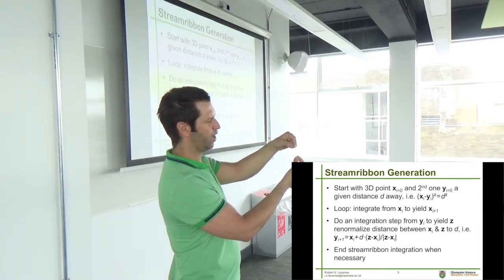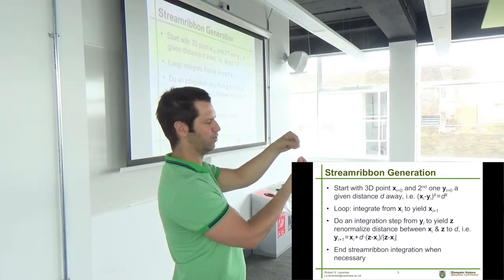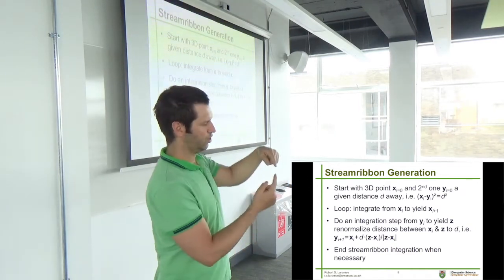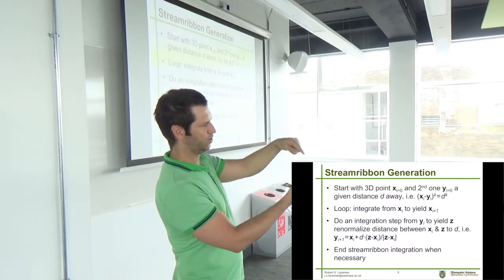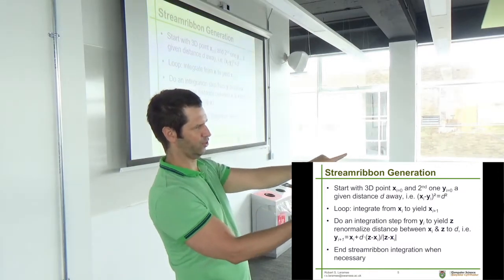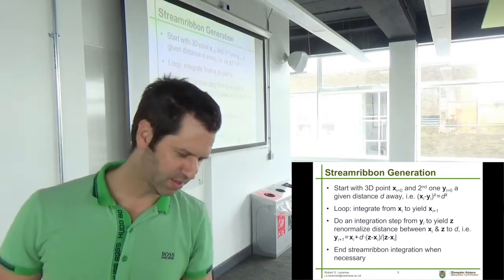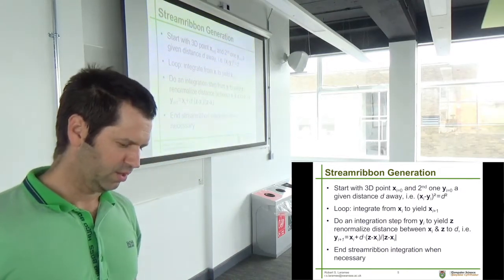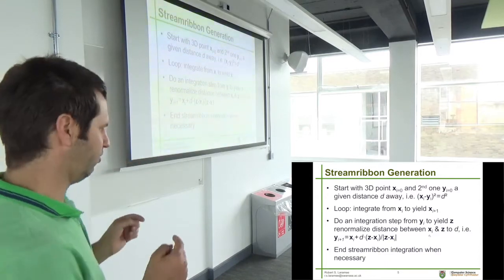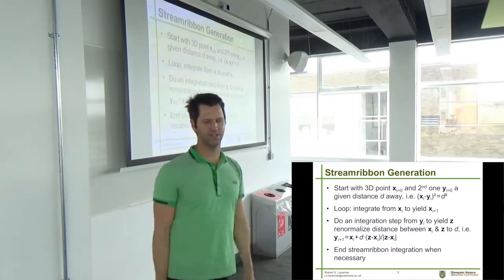And then you have to do a normalization step, which is to make sure that the distance between these two points is always the same, whatever distance you specify. So you integrate, normalize, integrate, normalize, integrate, normalize. The streamlines will generally diverge, generally, not always. Sometimes they'll converge. But that's the idea. So integrate along both and then renormalize to make sure that they're not an infinite distance away from each other.